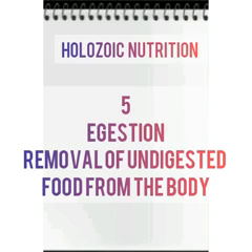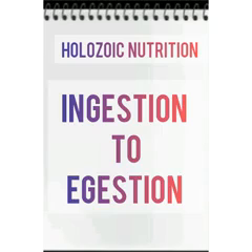So there are 5 steps. First ingestion, second digestion, third absorption, fourth assimilation, and last one, fifth, egestion. First ingestion and last egestion. Ingestion starts with 'in', so you can remember that ingestion means intaking the food materials inside the body, while egestion is the last step of holozoic nutrition.